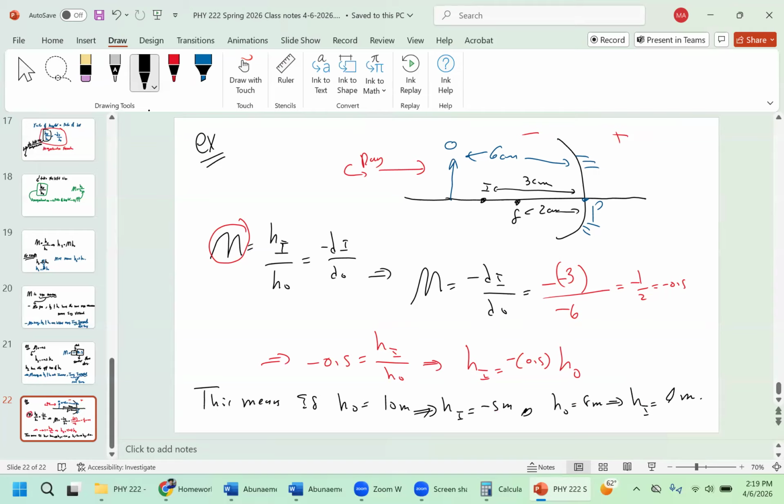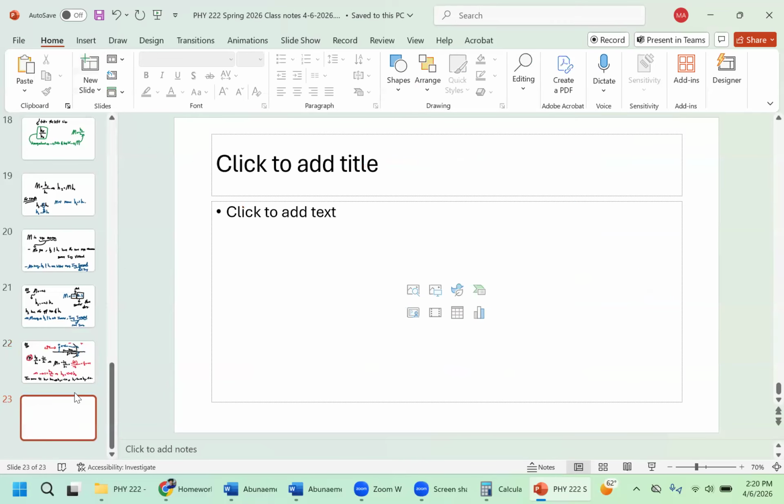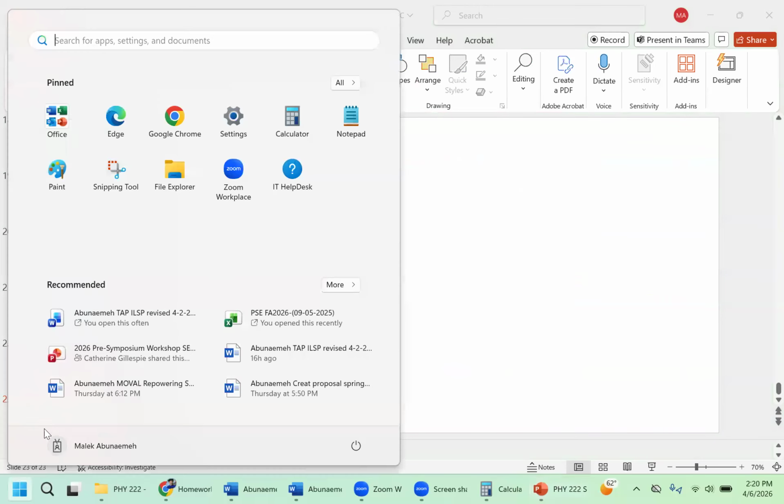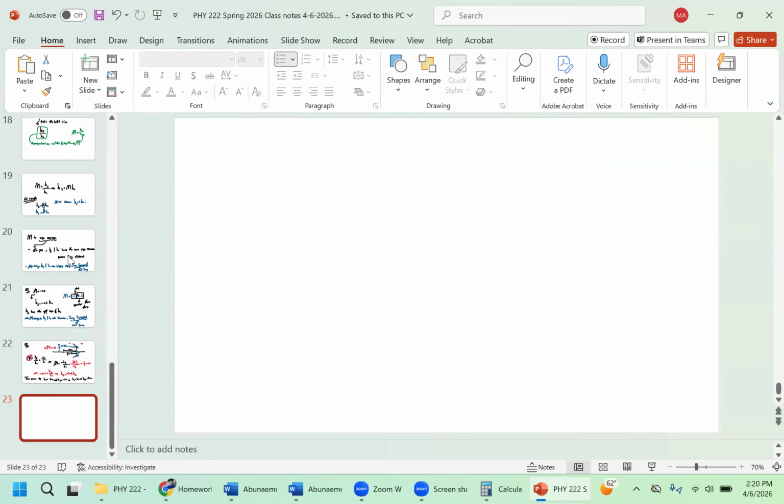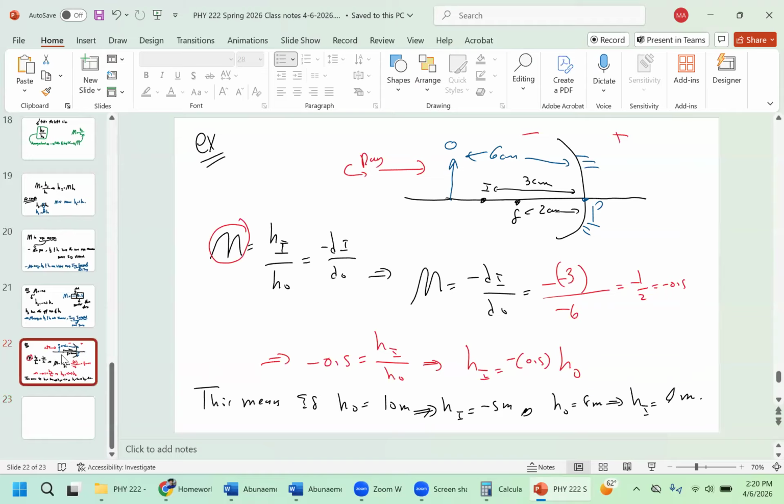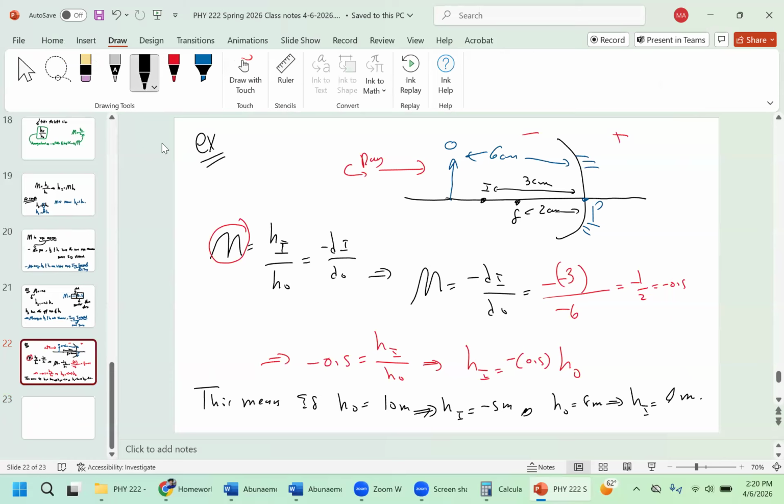So let's do an example. Can you go back to that slide really quickly? Are you all with me so far? Yeah. So let's go ahead and write this down. Let's say if this was 10 meters, you're going to have an inverted image. There's going to be 5.